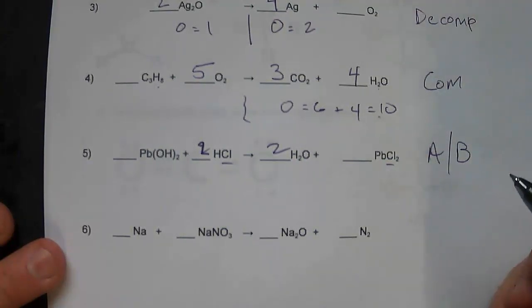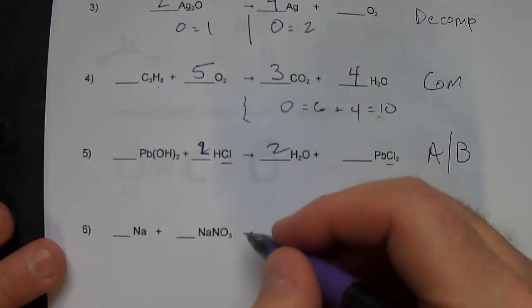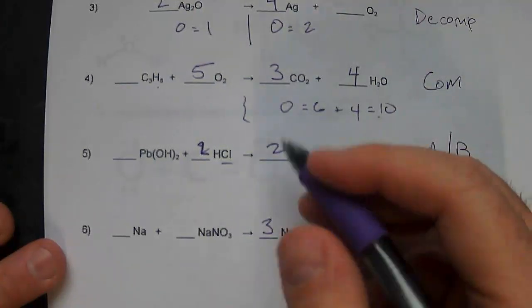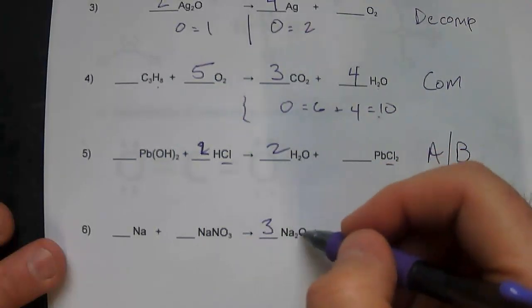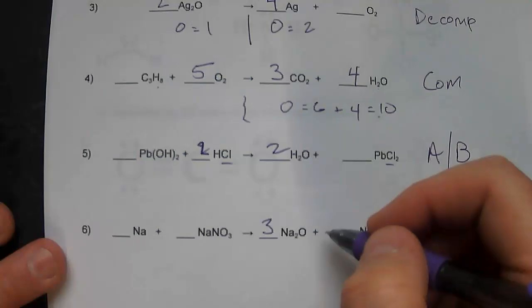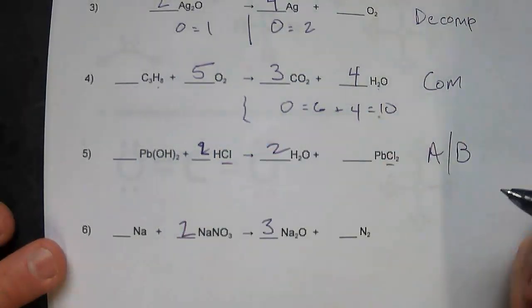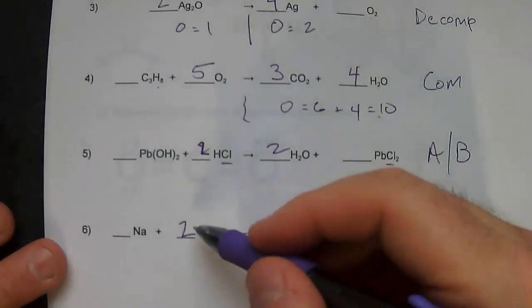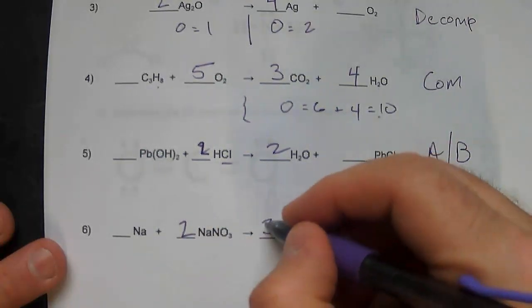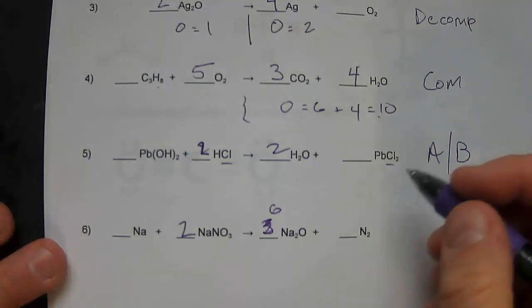Okay, and then the last one. Let's balance oxygen. Okay, I'll put a 3 here, or let's balance this last one. To do that, you have to put a 3 here. Actually, we're going to put a 2 here because we need 2, and so now we need to put a 6 here.